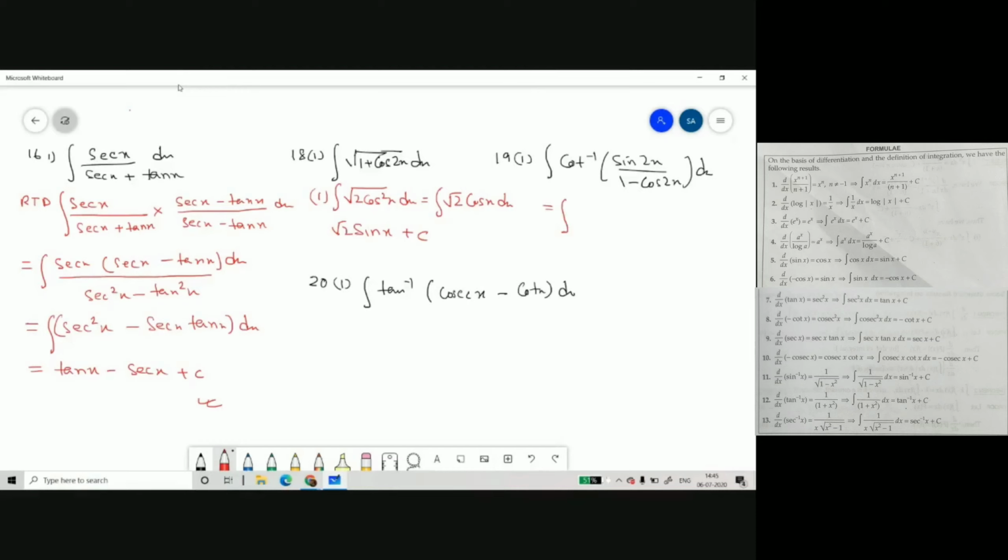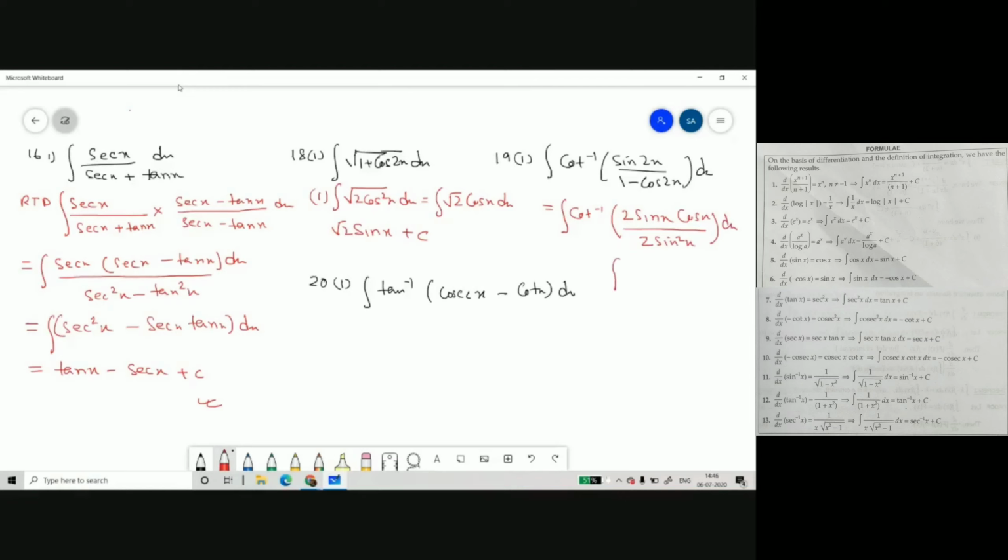Integration of cot inverse of sine 2x by 1 minus cos 2x. What we'll do, we'll try to simplify the thing inside the bracket and get it in terms of cot. Look over here. I can write cot inverse, this is 2 sine x cos x, and 1 minus cos 2x is 2 sine square x dx.